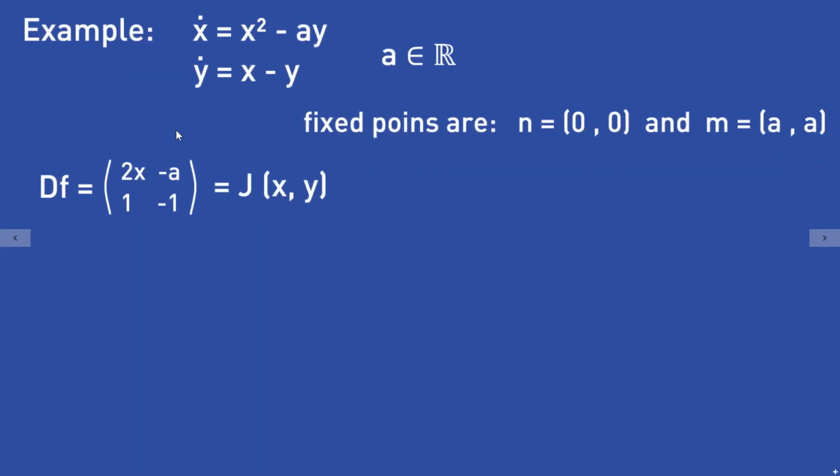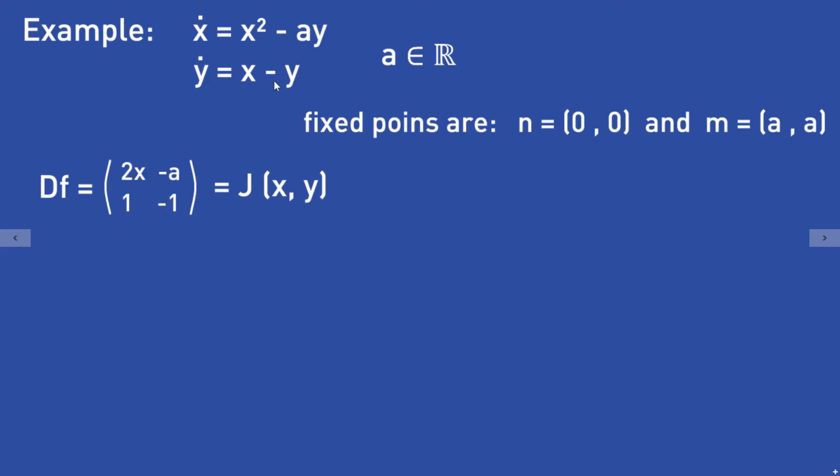First of all, we need the derivative of f, so the derivative of this here. So this entry here is the derivative of x squared minus a times y with respect to x, which is 2 times x. This here, minus a, is the derivative of x squared minus a times y with respect to y, so minus a.